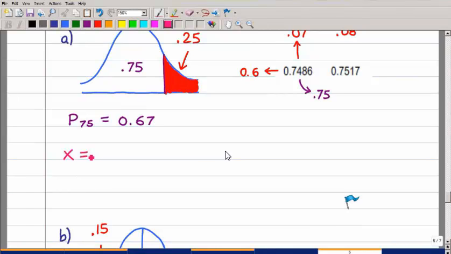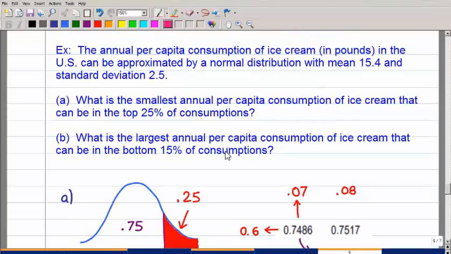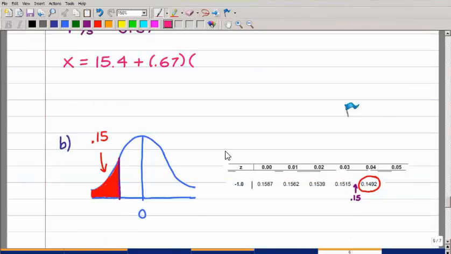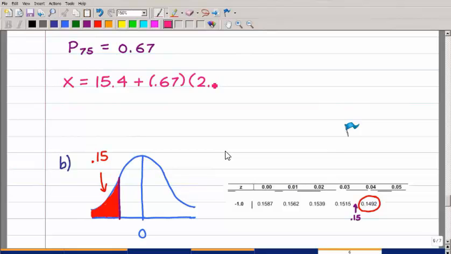X equals, go back up here and see what the mean and standard deviation are. Mean is 15.4 plus the z that we just found, 0.67, times standard deviation of 2.5.